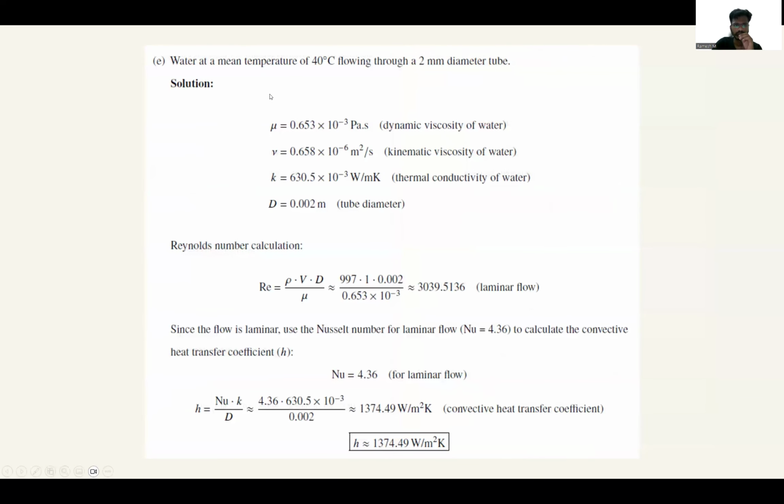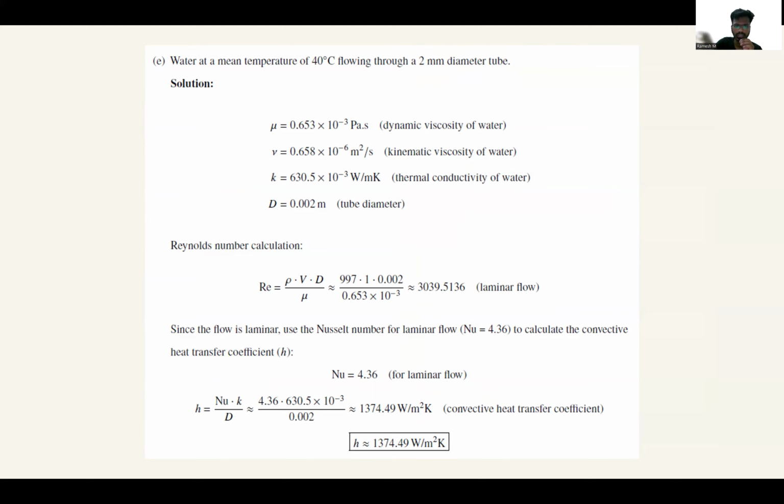For the next section, water at a mean temperature of 40 degrees Celsius with a 2 mm diameter tube is given. For this, the Reynolds number is calculated, and we can say this is transition flow, since we don't have a particular formula for calculating the parameters in the transition region.